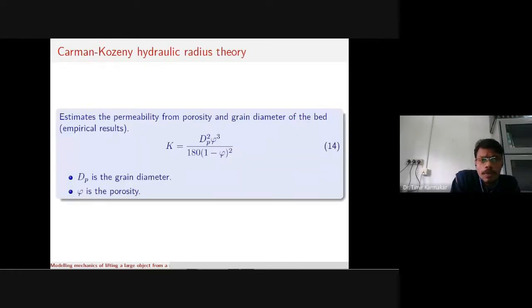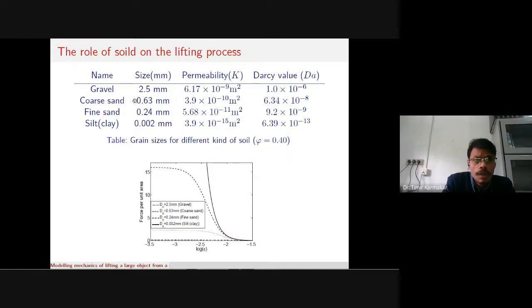Now, as I discussed, the properties of the seabed or the soil characteristics will have a larger impact on the breakout phenomenon. Depending on the porosity or the permeability, it may change. For example, if the seabed consists of gravel, the permeability will be this, or if it consists of silt or clay, then the permeability will be this.